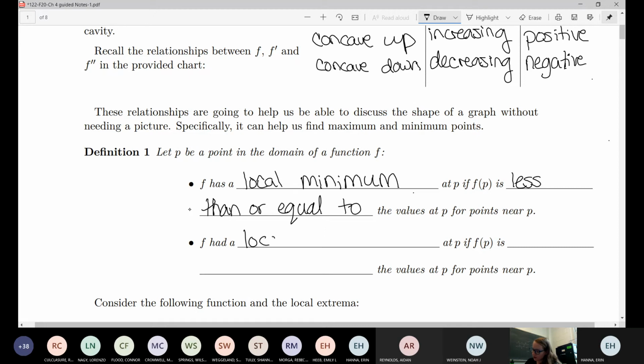And then f has a local maximum at P if f of P is greater than or equal to the values of P for points near P.